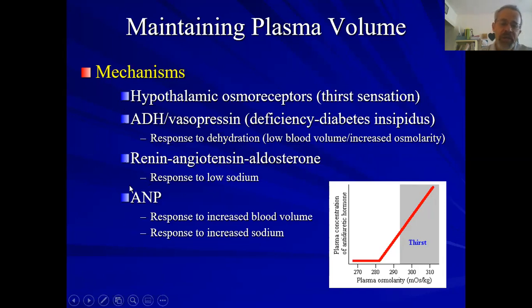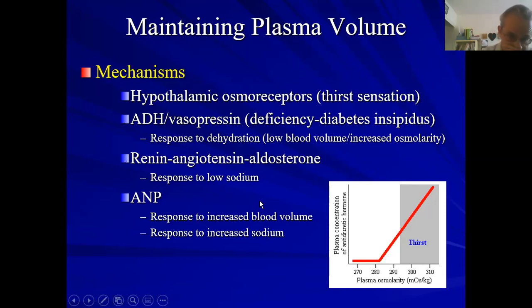We also have what's known as the renin-angiotensin-aldosterone system, which is something we'll talk a bit more about when we focus on the kidney. This is a system involving enzymes and hormones, primarily aldosterone, that responds to low sodium. So the response to low sodium is to uptake more sodium into the blood. With ADH, the response to dehydration is to bring up more water into the blood.